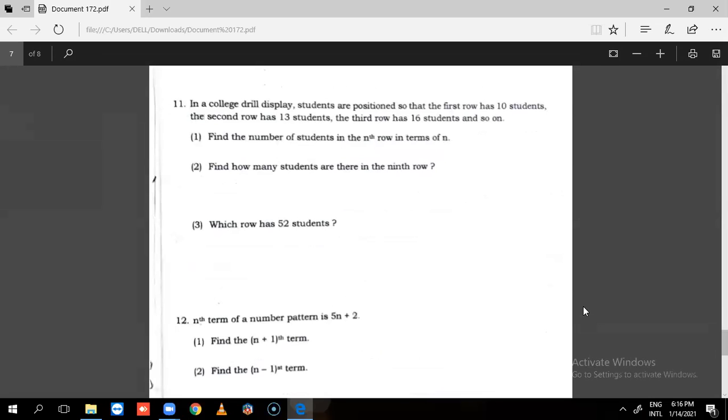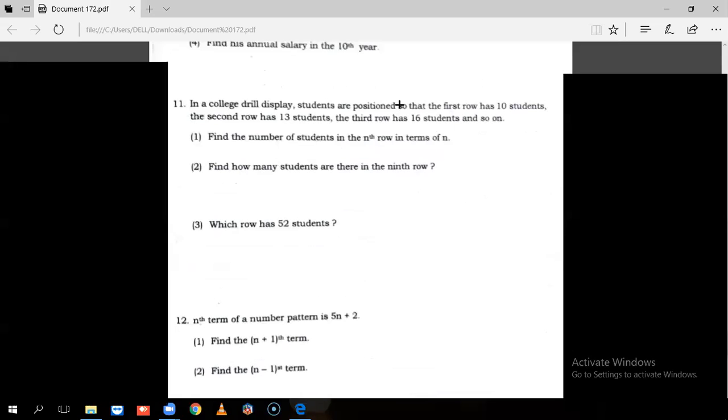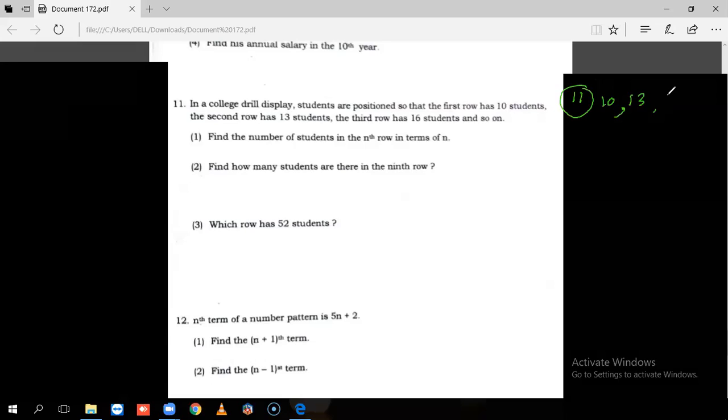Find the number of students in the nth row in terms of n.